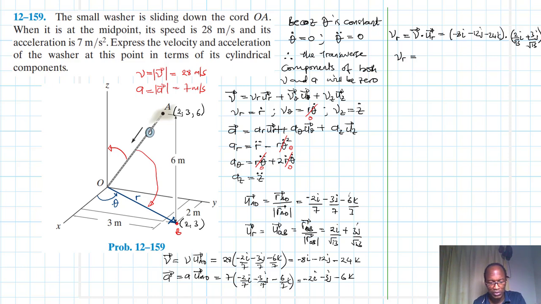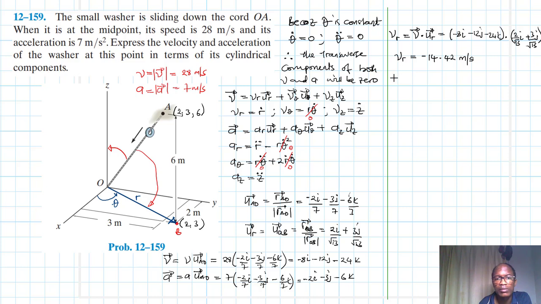When we do the dot product, we have minus 8 by 2 minus 12 by 3, divided by root of 13. This gives us minus 14.42 meters per second.